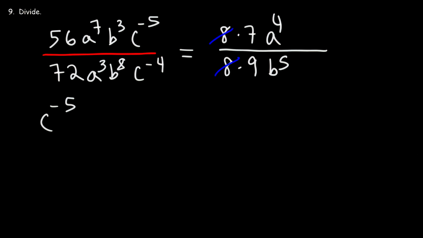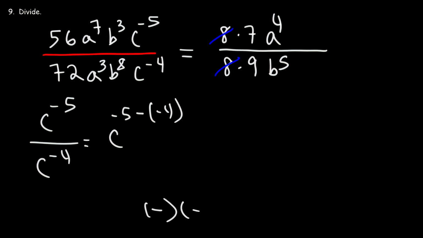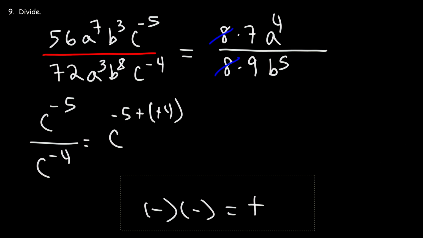C to the negative 5th power divided by c to the negative 4th power. So first, let's subtract. Let's start with the top exponent and then subtract it by the bottom exponent. So what is negative 5 minus the bottom exponent of negative 4? What do you do when you have two negative signs next to each other? A negative times a negative is a positive number. So we can convert this to a plus. So what is negative 5 plus 4?